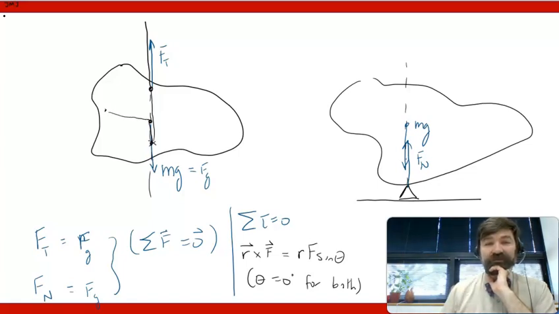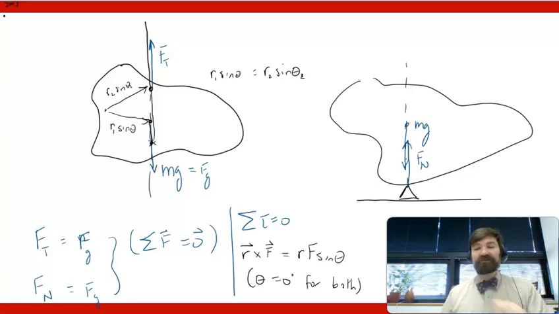So if this right here is r1 sine theta 1, and this one right here is r2 sine theta 2, that r1 sine theta 1 and r2 sine theta 2 will be equal for any choice of axis. Okay? So that is finding the center of mass for an object experimentally.